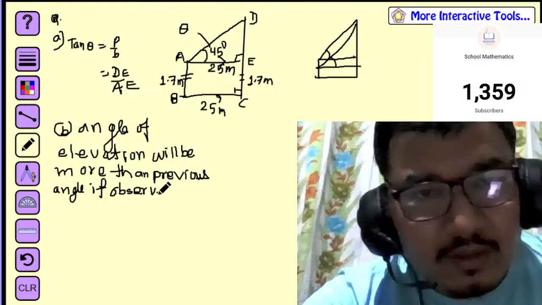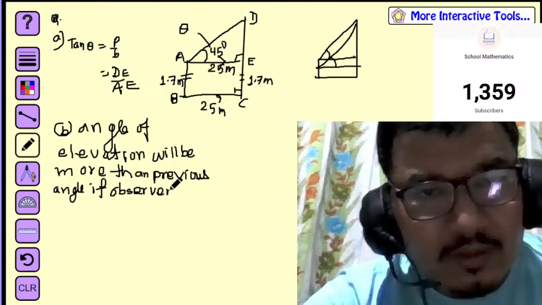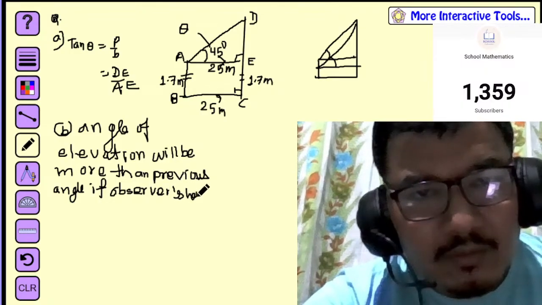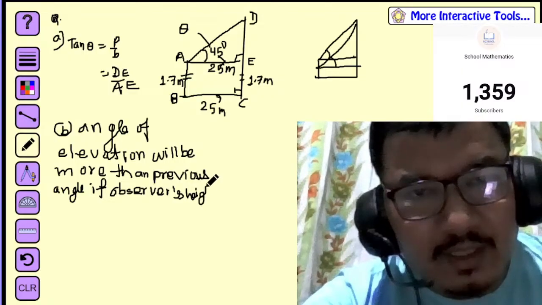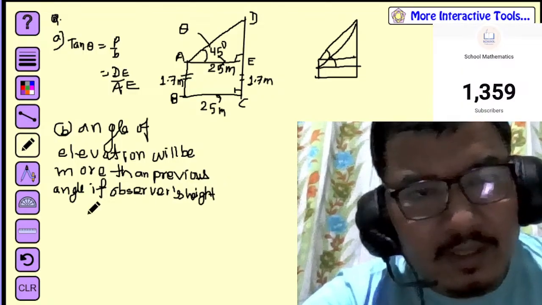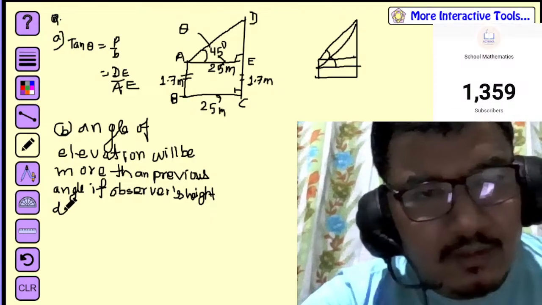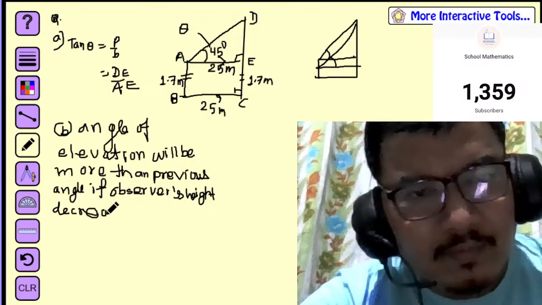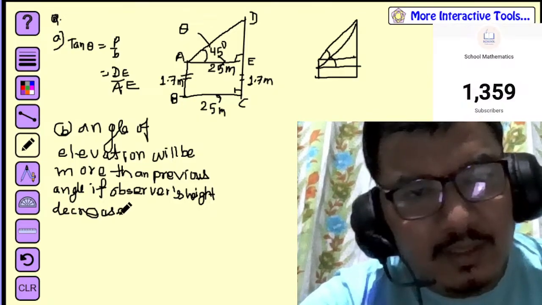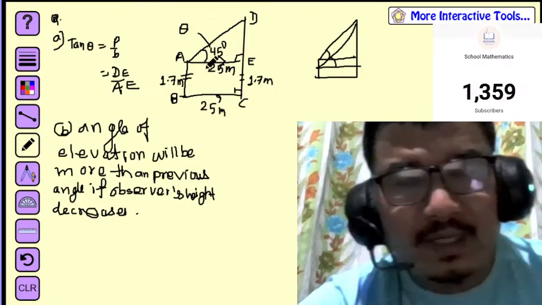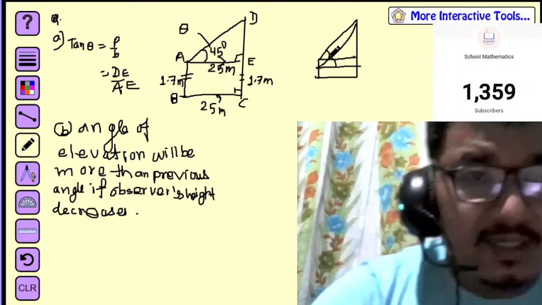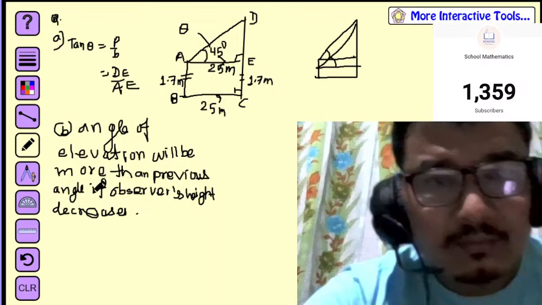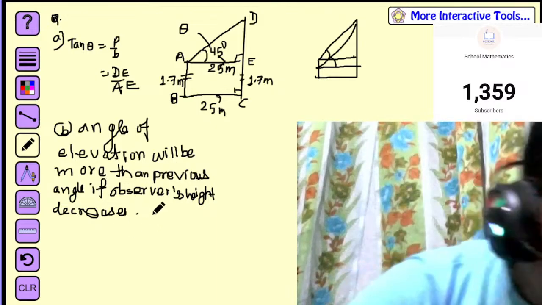You can also say: if the observer's height decreases, then the angle of elevation increases, and will be more than the previous one.